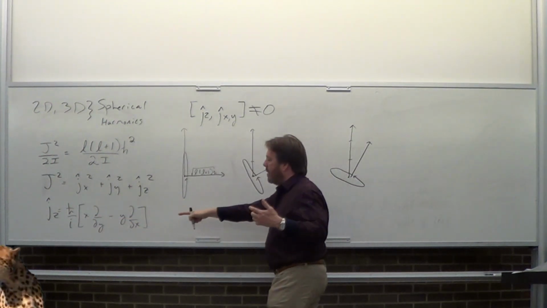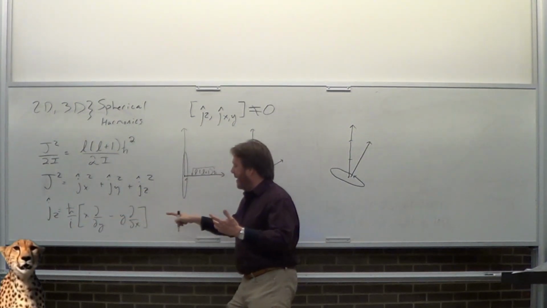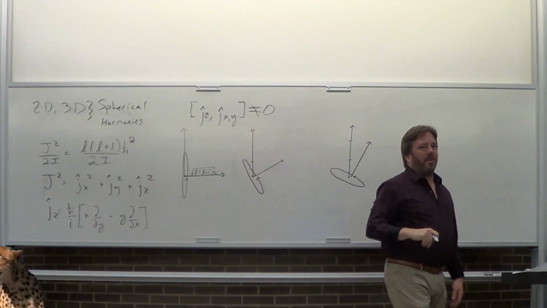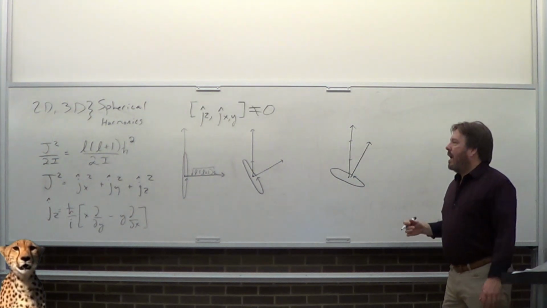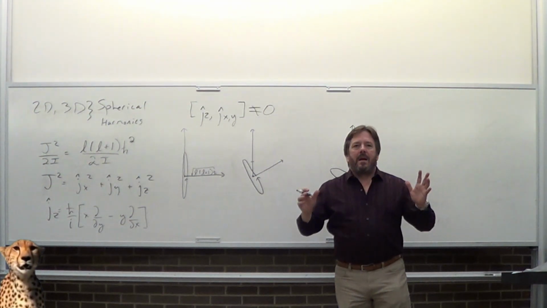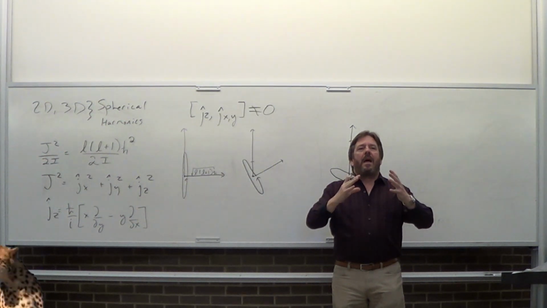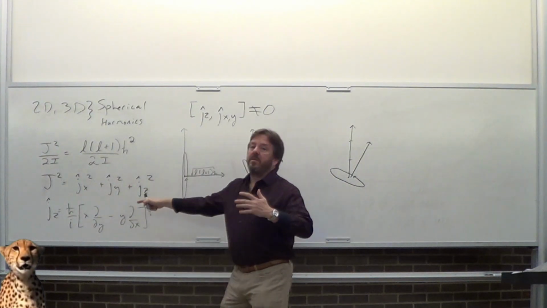It's a little complicated because these are R cross P, cross products. What you end up with is an uncertainty principle between z and x and y. Nothing's really special about z. What this is saying is that the angular momentum is decomposed into x, y, and z.